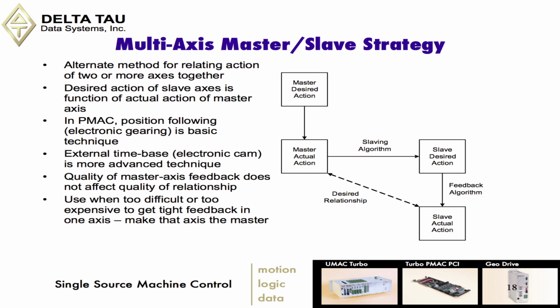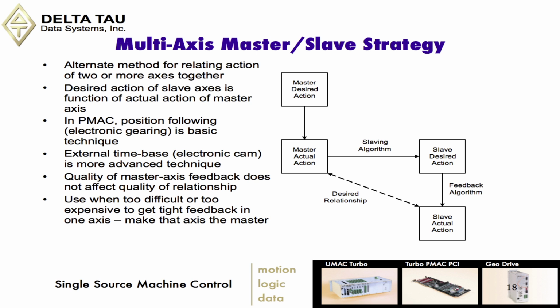So one of the important strategies for relating the action of two motor axes together works by directly tying the desired trajectories of the axes together. In PMAC, you can put the axes in the same coordinate system and command them on the same program line.